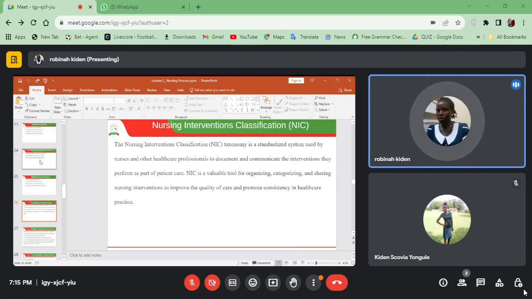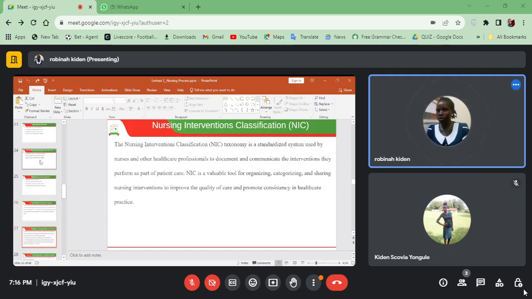So the purpose of NIC is as follows. The primary purpose of NIC is to provide a comprehensive framework for classifying nursing interventions. It helps nurses and healthcare providers identify and document the actions and activities they undertake to support patient health and well-being. So, the taxonomy structure: the NIC taxonomy is organized into three hierarchical levels.